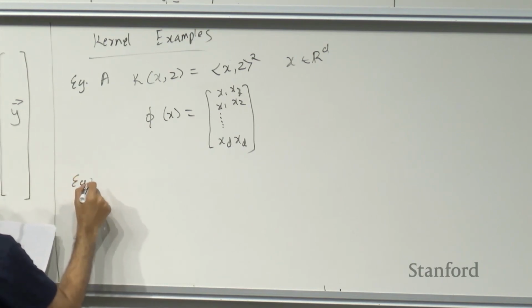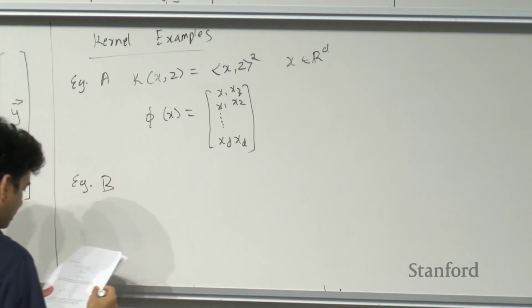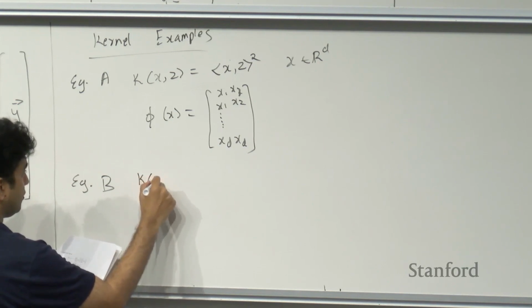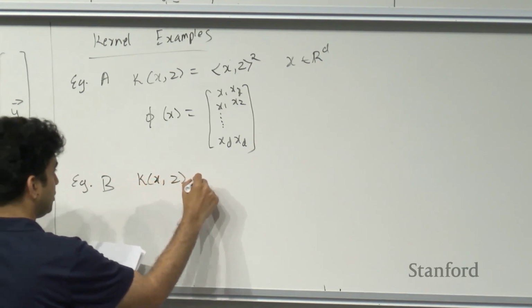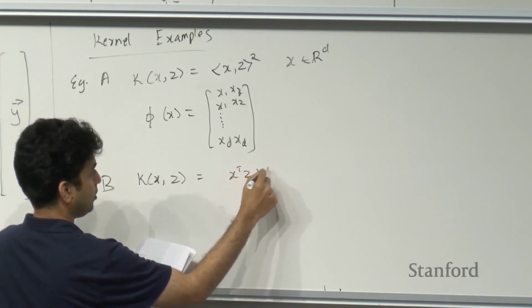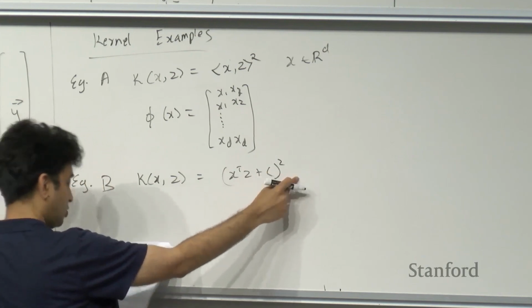Similarly, you can have example B. I'm just writing out a few examples that are in your notes. Kernel of x comma z equals x transpose z plus c, squared. So take the dot product, add a constant, and then square it.